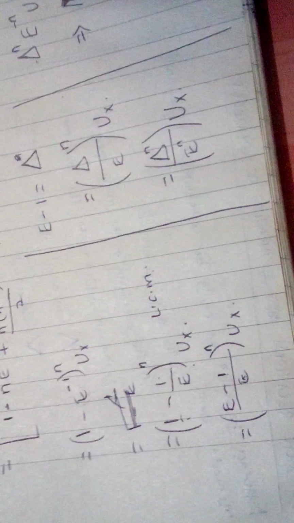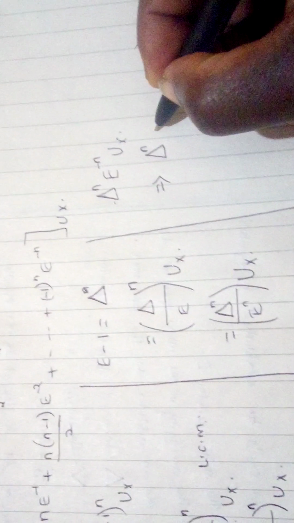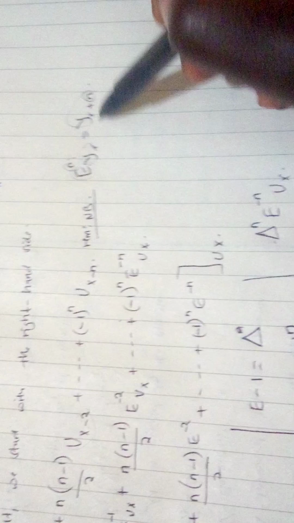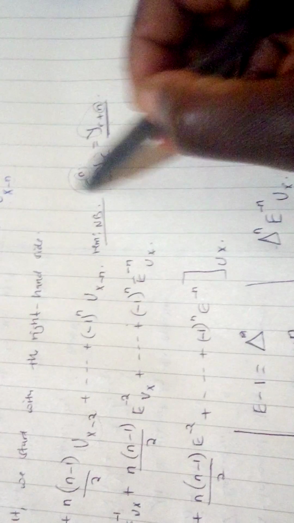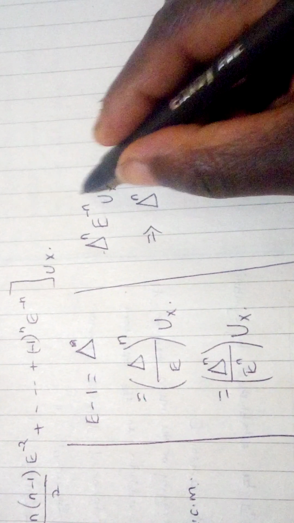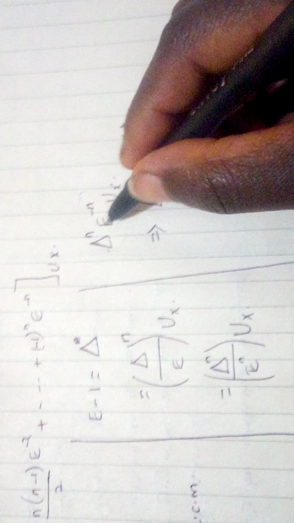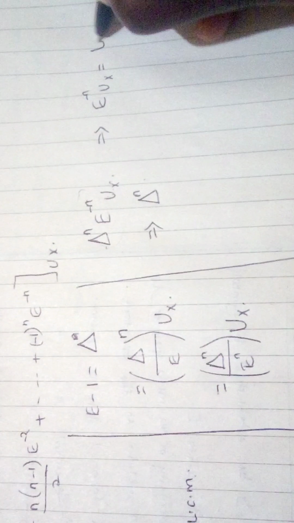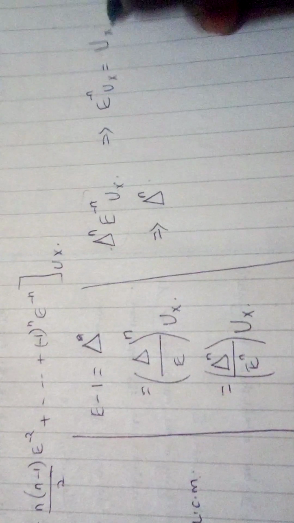So our answer will be the forward difference to power n multiplied by, when we change from the shift operator to the form of functional value, E to power negative n u(x) is equal to u(x minus n).